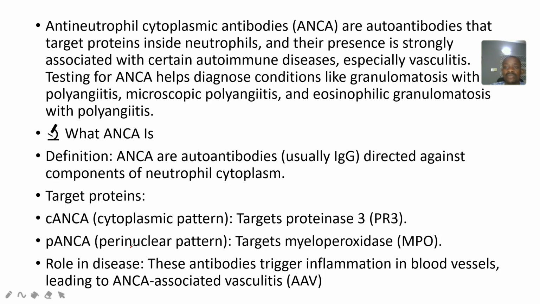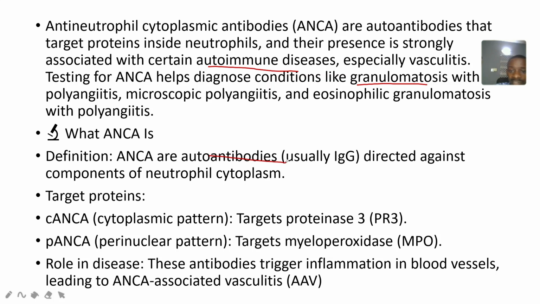So their presence strongly shows that there are these autoimmune disease conditions where the blood vessels are getting inflamed, like mostly granulomatosis with polyangiitis, microscopic polyangiitis, eosinophilic granulomatosis.